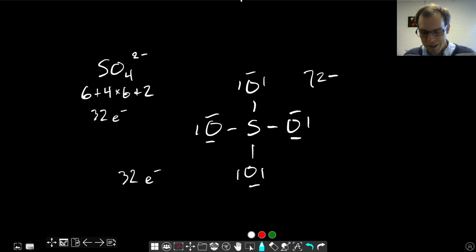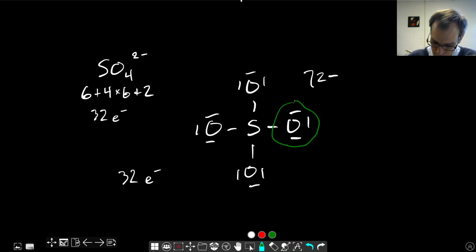And so let's look at the formal charges and see if this makes the most sense in terms of formal charges. So each of the oxygens, they're all going to be the same. So the formal charge on the oxygen, let me just use a color here. So we'll look at one of these oxygens, and it's going to be the same for all the oxygens. So the formal charge is equal to 6.